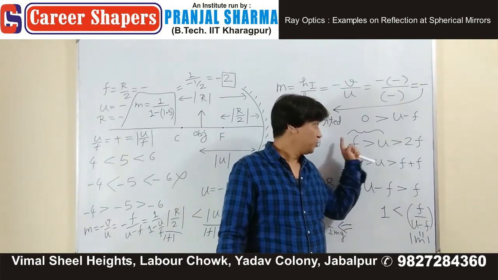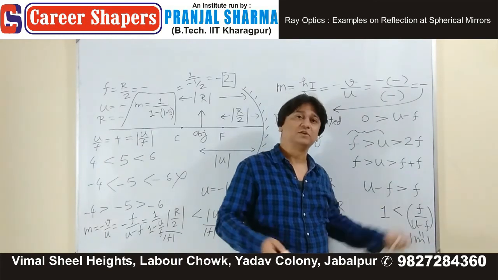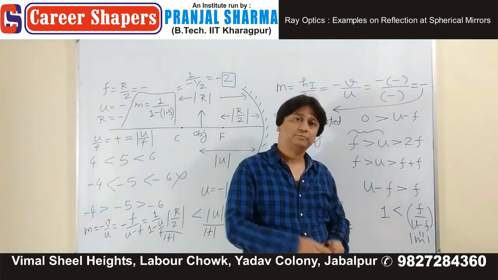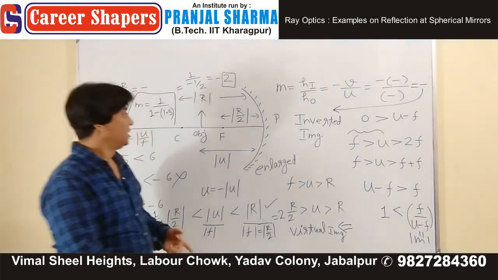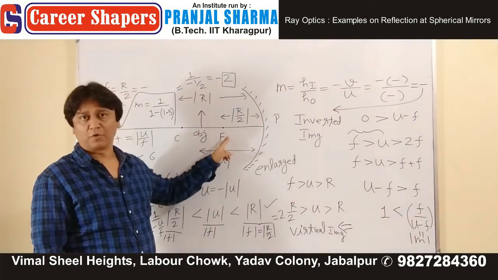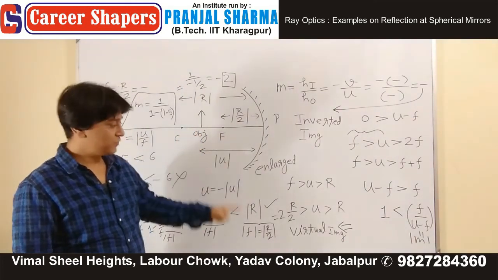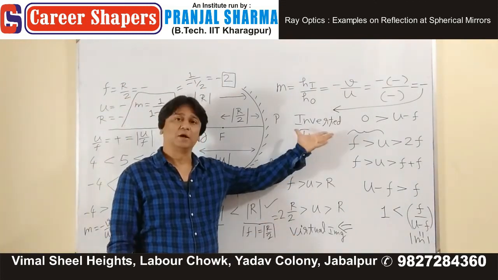But you need to be careful with all these plus and minus things. Now, it's an important result for you to remember. If you have an object which lies between center of curvature and focal point, then your image is first of all virtual, enlarged, inverted.